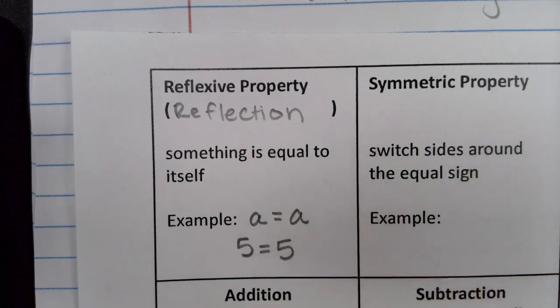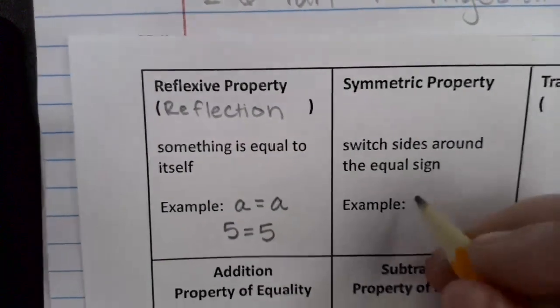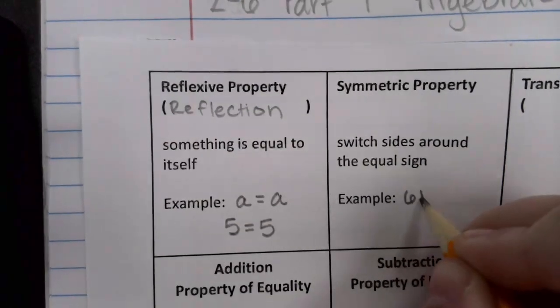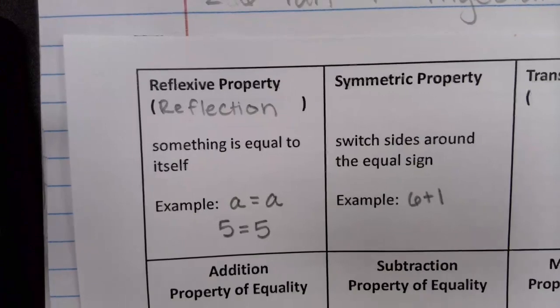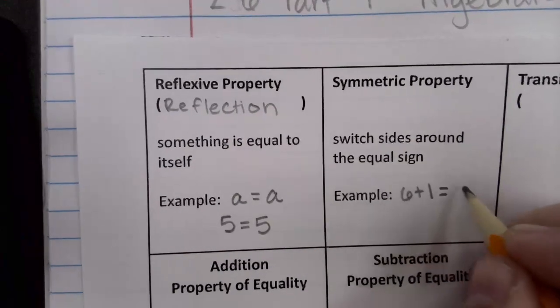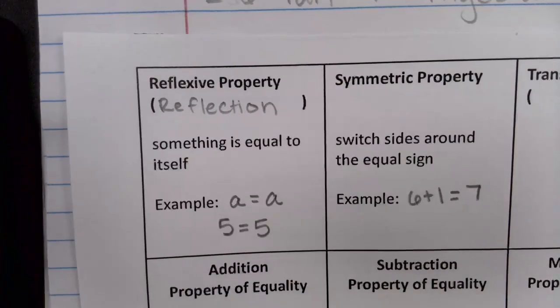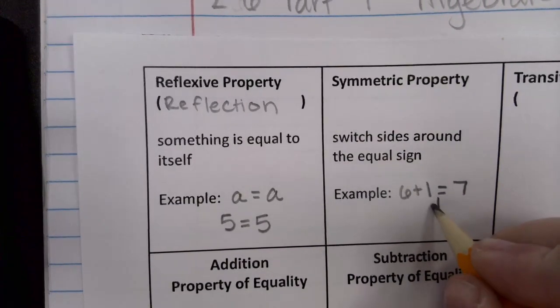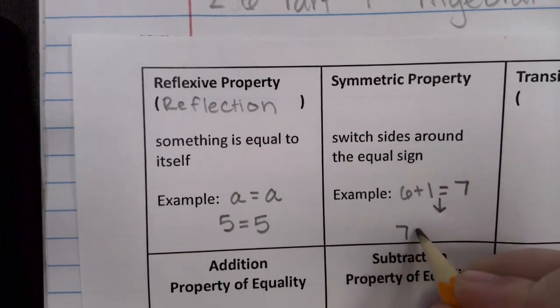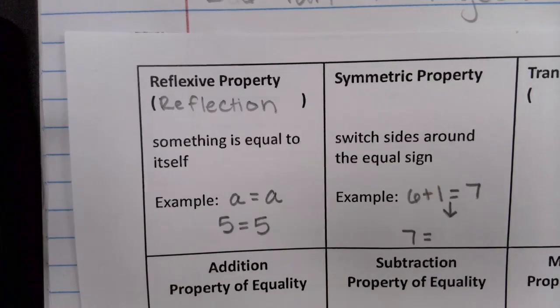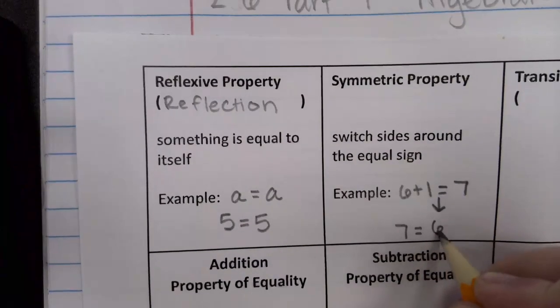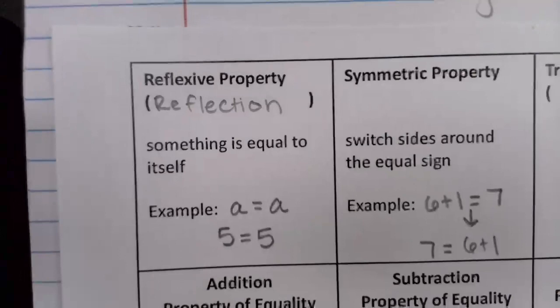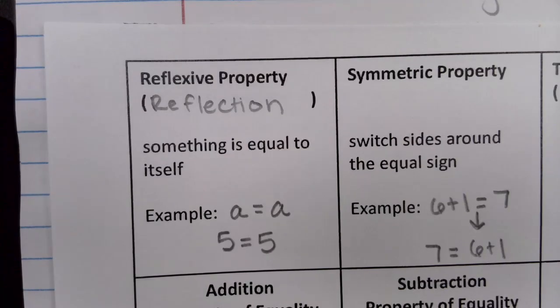So symmetric property means that if we switch sides around the equal sign, so we go to those opposite sides. So, for example, if I know 6 plus 1 equals 7, if I started with that, the symmetric property would tell me that I can say 7 equals 6 plus 1. I'm just taking those sides and we're switching them around.